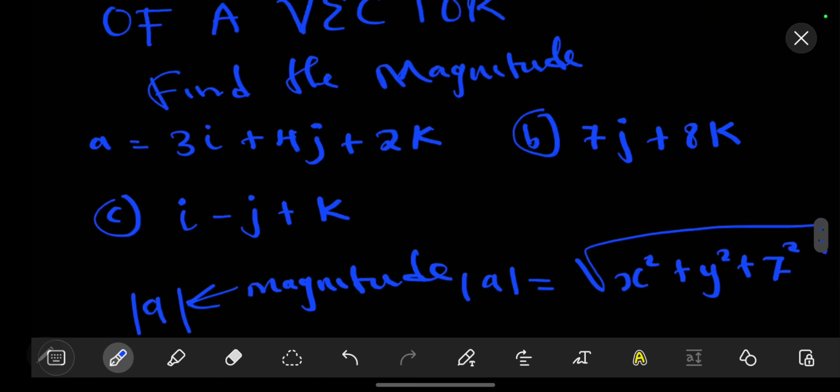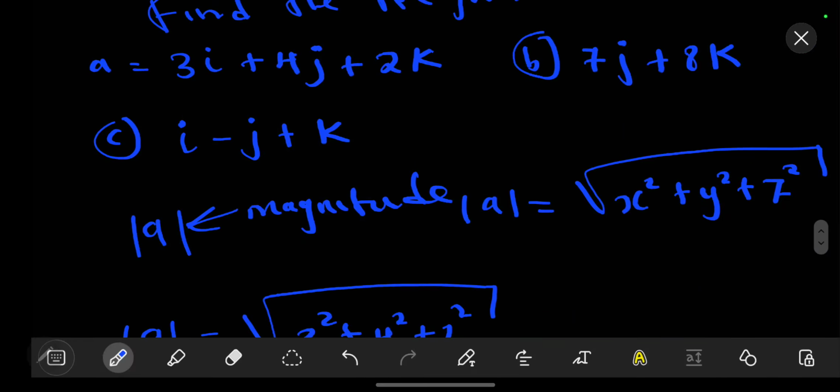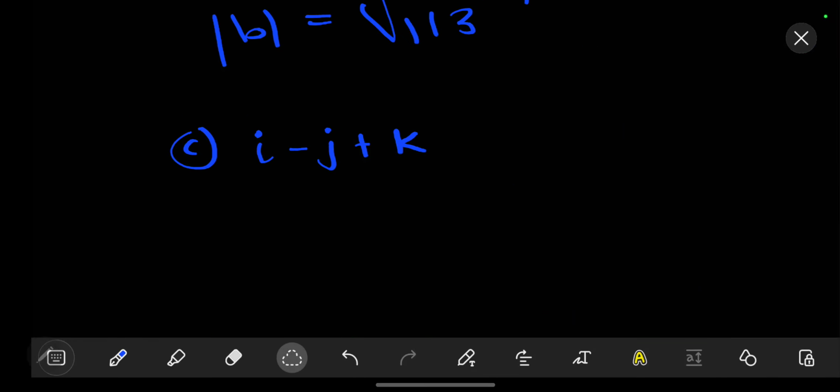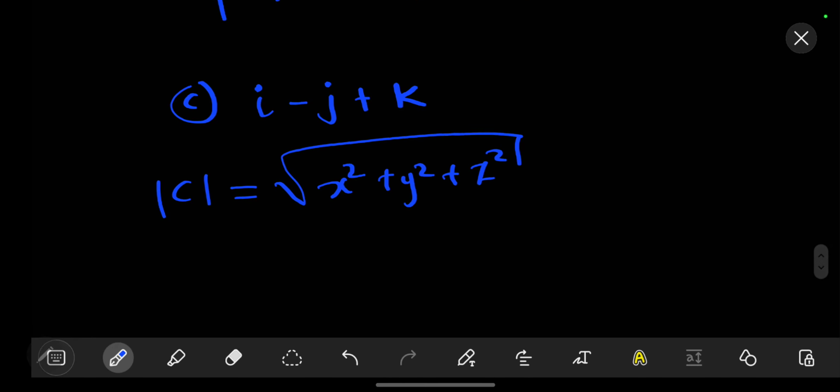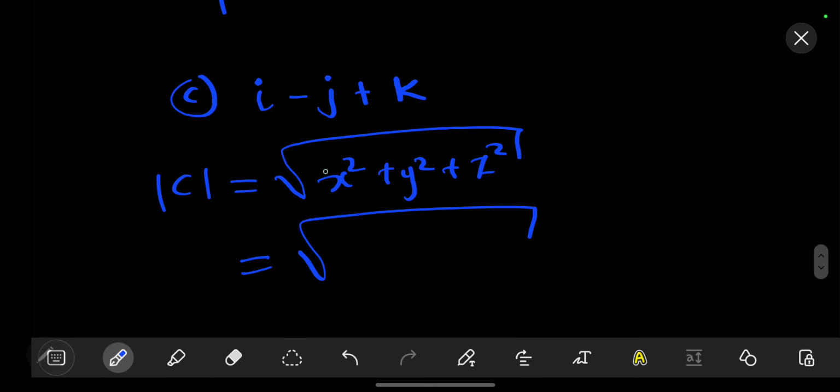Now let's look at our C. The size of C should be equal to the square root of x squared plus y squared plus z squared. So this will be equal to the square root of our x, which is equal to 1, squared, plus our y, which is the coefficient, negative 1 squared, plus our k, which is equal to 1 squared as well.